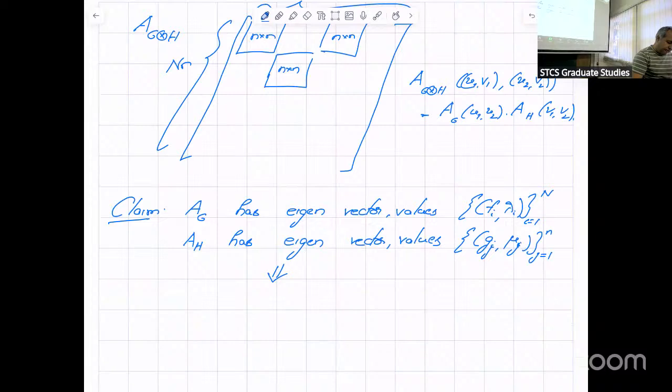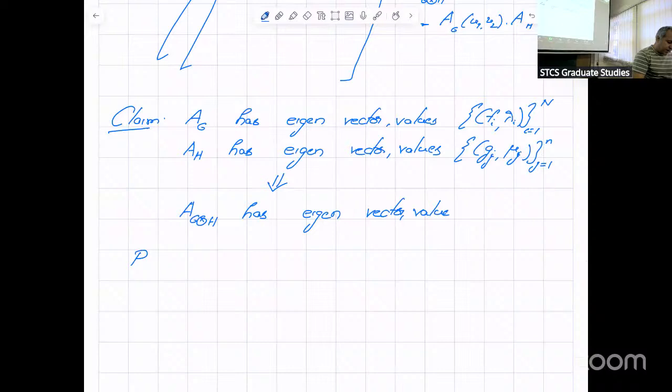Then I want to find out what the eigenvectors are.